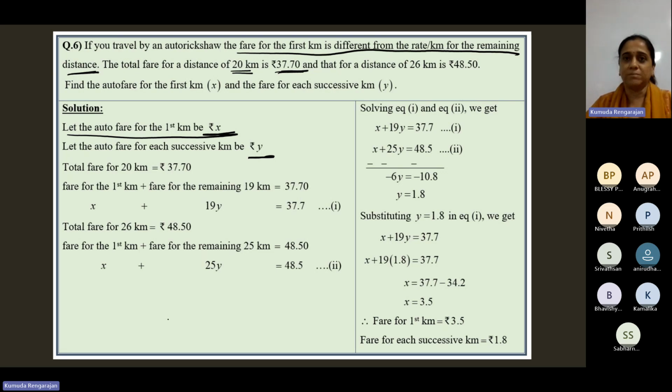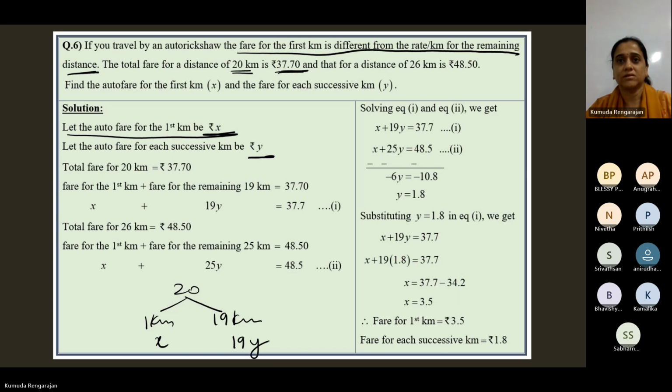What is the split up? The auto driver will calculate like this. For the first kilometer, whatever money, and for the remaining 19 kilometers, a different charge. So for the first kilometer, it is X rupees. For the remaining 19 kilometers, at the rate of Y rupees per kilometer, so 19Y. X plus 19Y is equal to 37.7.